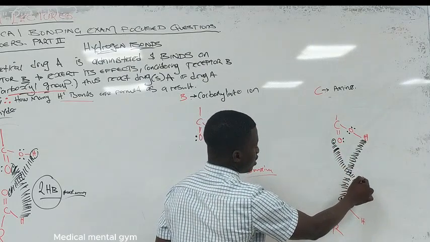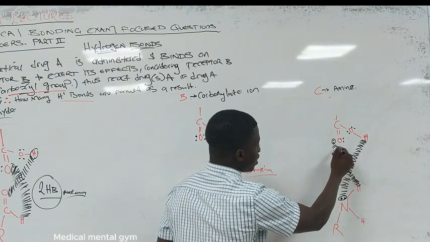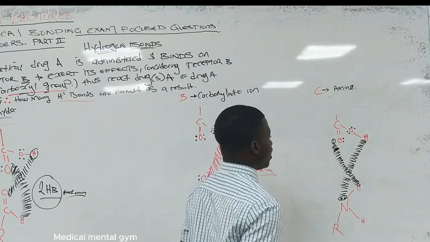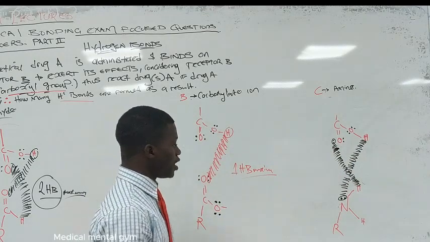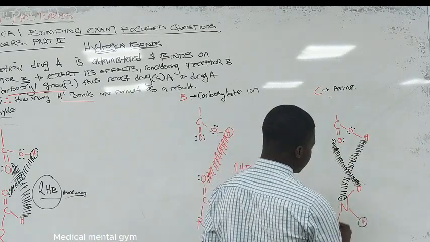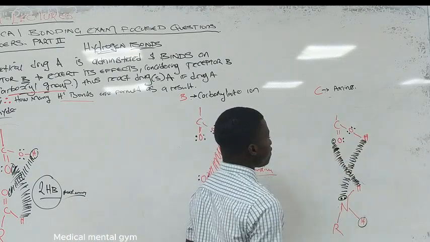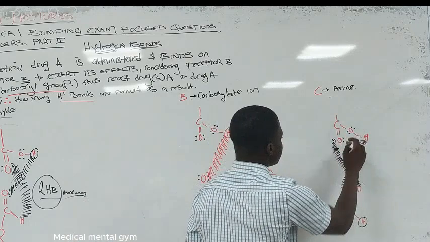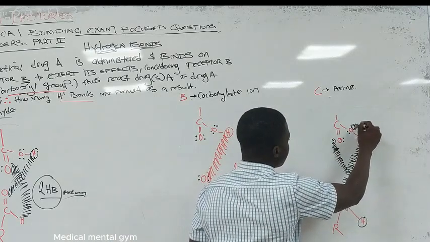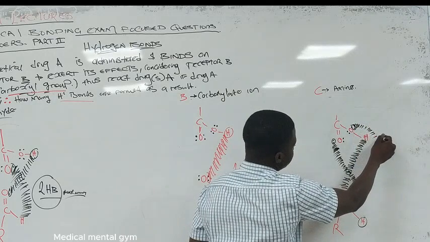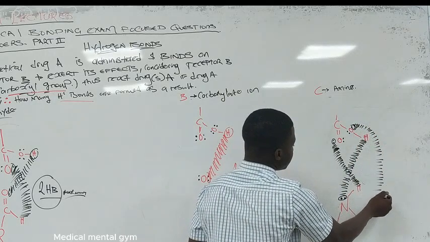Okay, so we have 2 hydrogen bonds formed. We have our last hydrogen atom, which is also able to form a hydrogen bond with an electronegative atom, either of the 2 oxygens. I'll pick this one to make it clearer. So this oxygen can participate in a hydrogen bond with our final hydrogen.